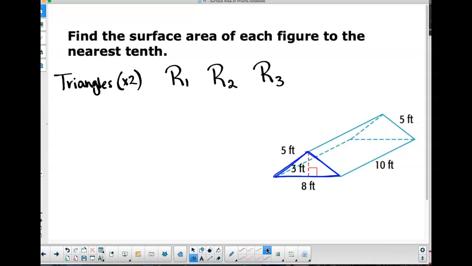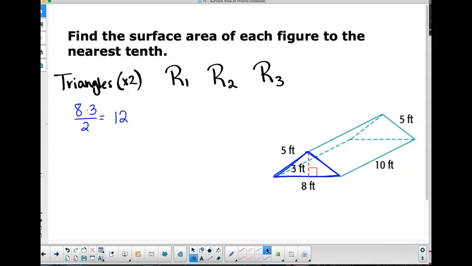Base times height divided by 2. Absolutely. Base times height divided by 2. What's the base and the height of the triangle? Brooklyn? The base is 8, and then the height is 3. 8 times 3 divided by 2 is 12. That's one triangle. How many triangles do we have? 2 of them.